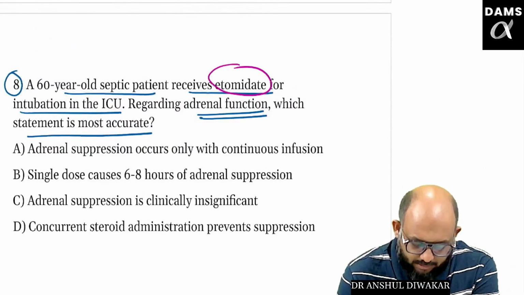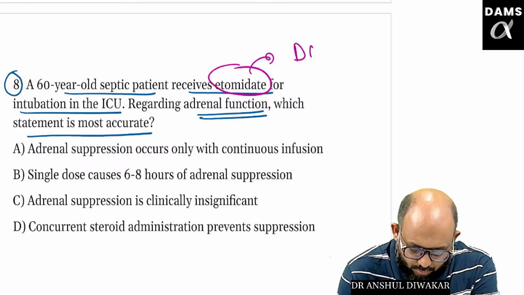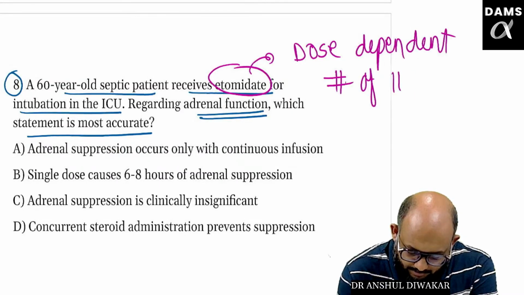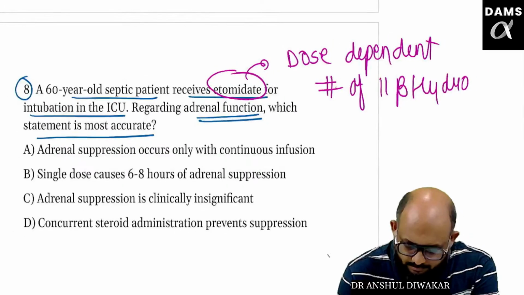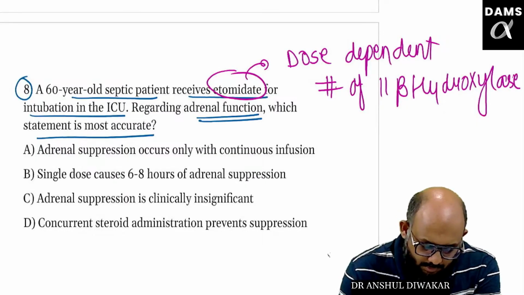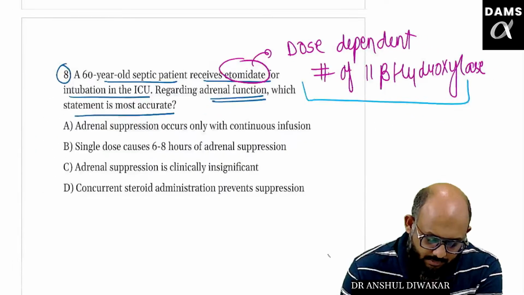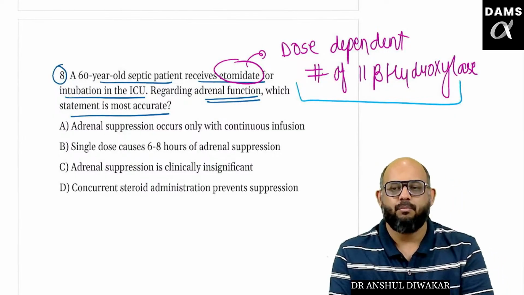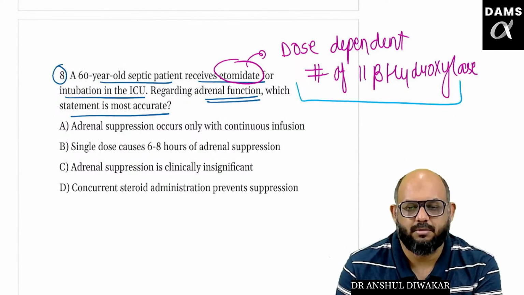So etomidate causes dose dependent inhibition of 11 beta hydroxylase enzyme. Dose dependent inhibition. So the more the dose, the more number of times you give, the more will be the risk.